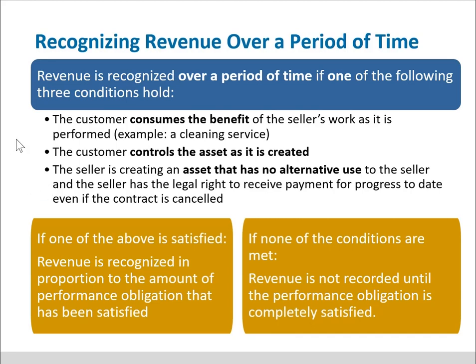Well, when any one of those 3 conditions is satisfied, revenue gets recognized in proportion to the amount of the performance obligation that's been satisfied. If none of those 3 conditions exist, then revenue won't be recorded until the performance obligation is completely satisfied, so at the end of the contract.